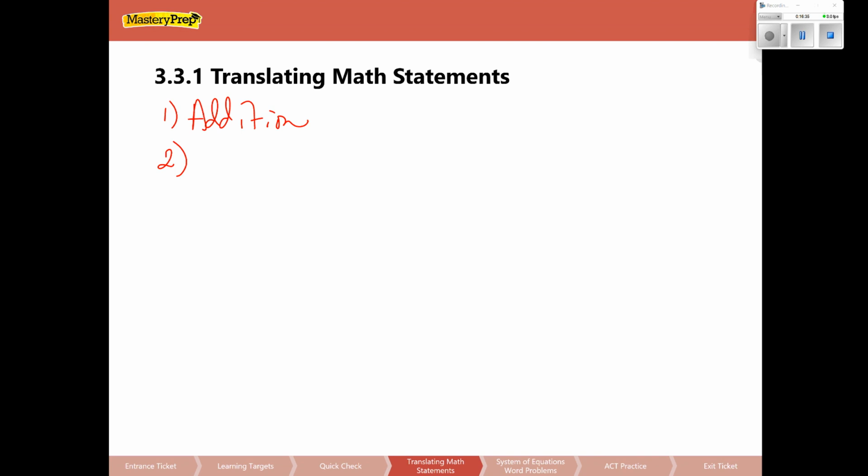What math operations do you think the words such as minus, without, less, difference, change translate to? The next one. What operations do you think words such as times, product, each, per, or of translate to?